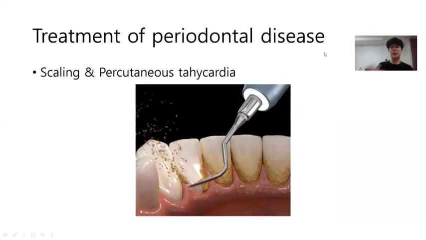The difference between them is that scaling removes tartar or plaque on the surface of teeth or gums, but curettage removes that kind of tartar or plaque inside the gums too.